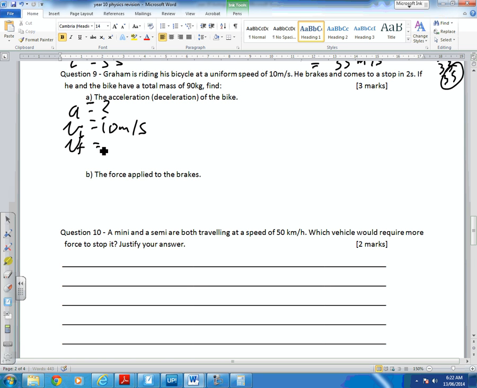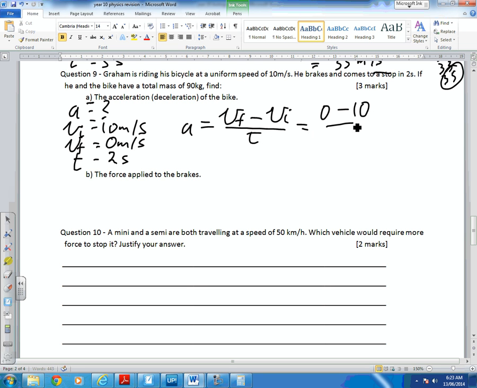Our final speed is 0 metres per second because we've come to rest. Time equals 2 seconds. So A equals VF take VI over T. So it's going to be 0 take 10 over 2, so it's negative 5 metres per second per second. Remember, negative in acceleration means it's slowing down.